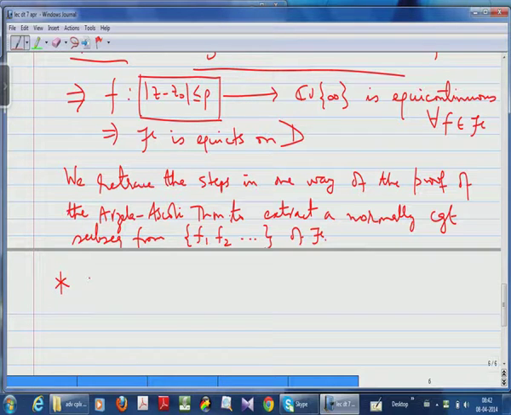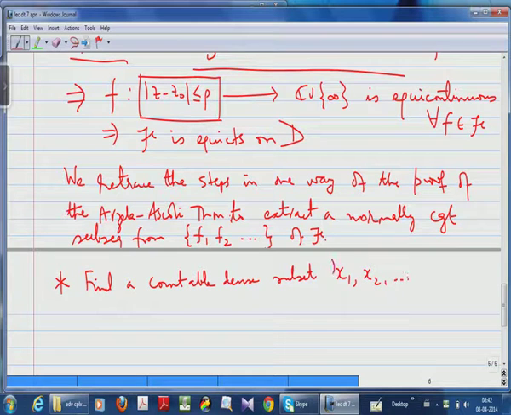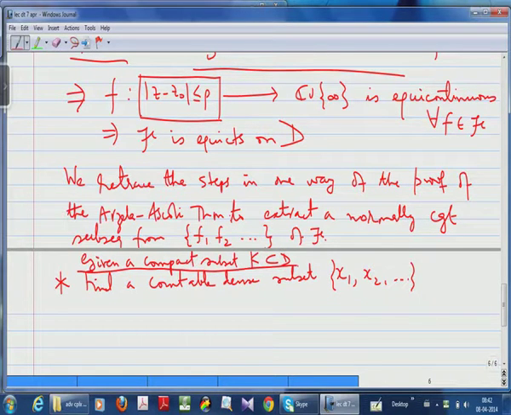So the first thing is find a countable dense subset x1, x2, etc. So you start with a compact subset K of D. Given a compact subset K of D, first find a countable dense subset. Here it's just the general statement that a compact metric space is separable.